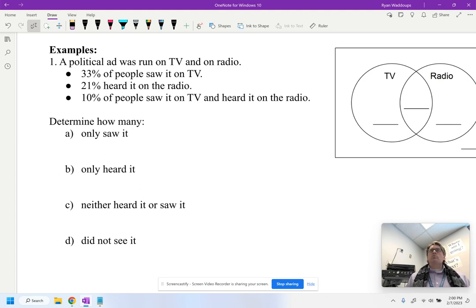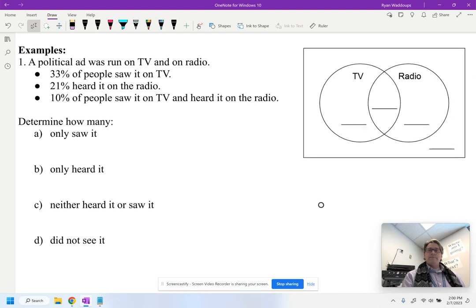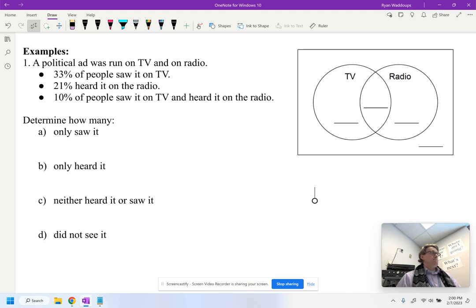Of those three numbers, one of them we can place as is. Which one of those numbers can we place as is, and where do we put it? Is out of 100 people? Out of 100%, yeah. So you got 33% people saw it on TV, 21% of the people heard it on the radio, and 10% of the people saw it on TV and heard it on the radio.